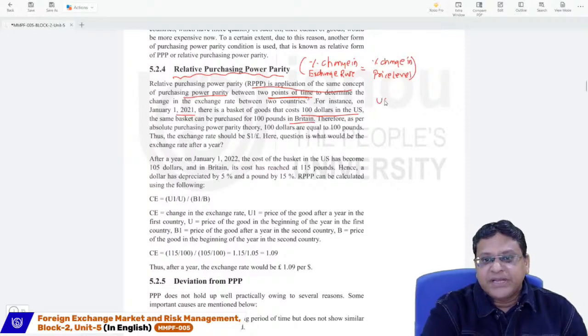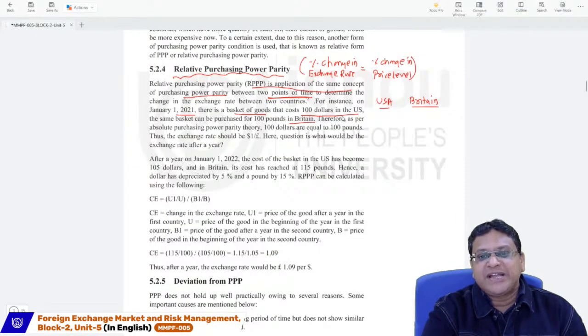The cost of the basket is $100 in the US in 2021, and similarly in UK or Britain, its cost is £100.